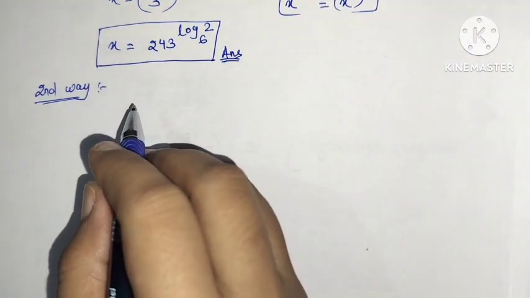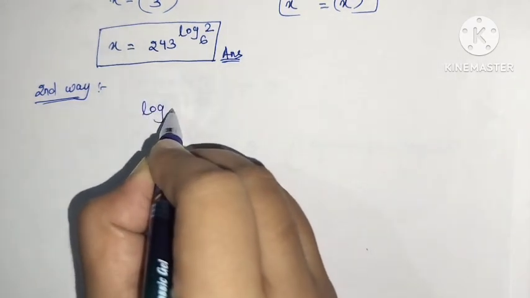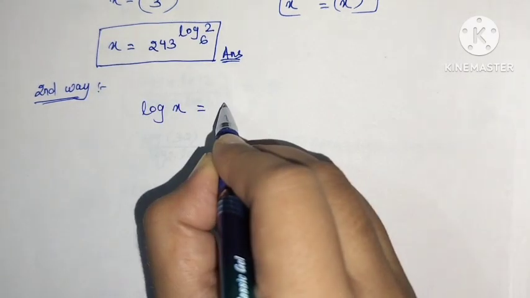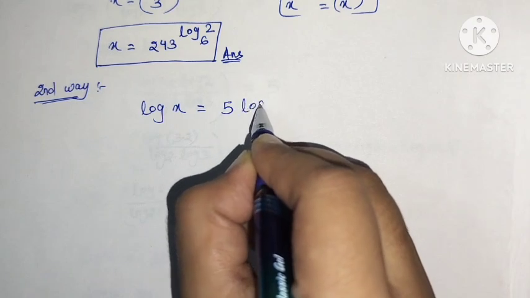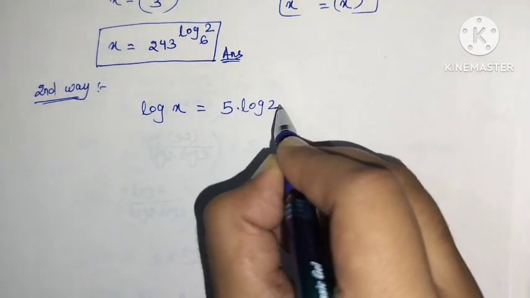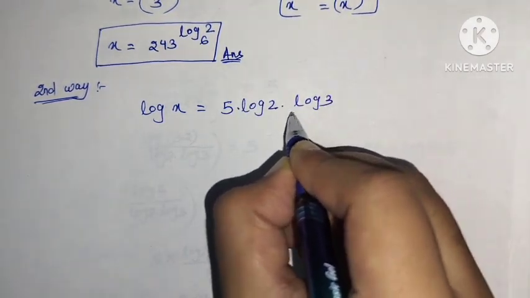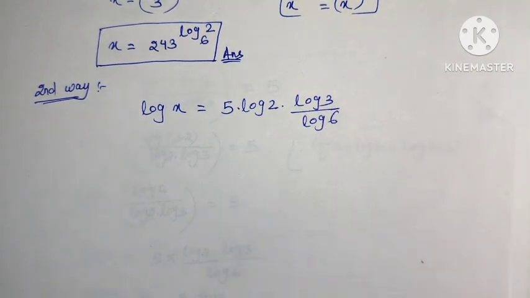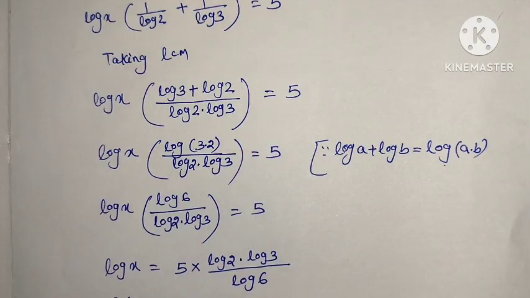What is the second way? Log x is equal to 5 into log 2 into log 3 divided by log 6.